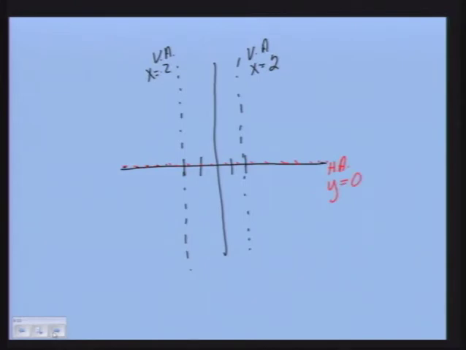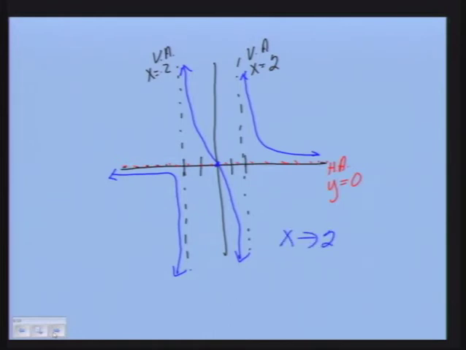This will be an interesting little fellow, won't it? This graph looks like this. It does a little wiggle, kind of like y equals x cubed does a little wiggle. And it looks like this here. And it looks like this right here. Now, what happens as x approaches 2 from the right?